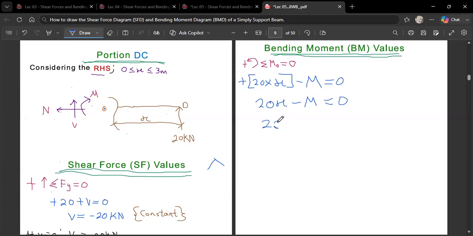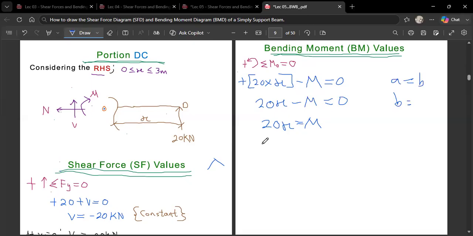That is going to give us 20x is equal to M. Since if A is equal to B, then it means that B is also equal to A.